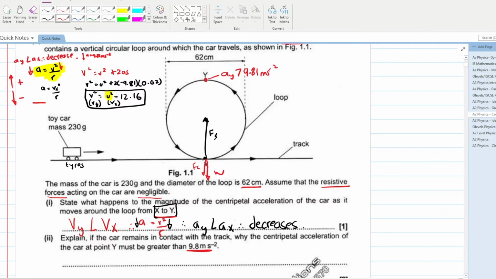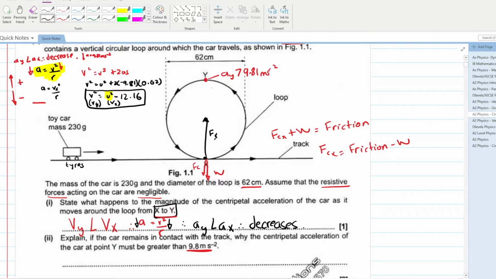So if I want to calculate the centripetal force at x, centripetal force at x plus weight is equal to the friction. Now I can bring the weight to the other side. Centripetal force at x is equal to friction minus weight.